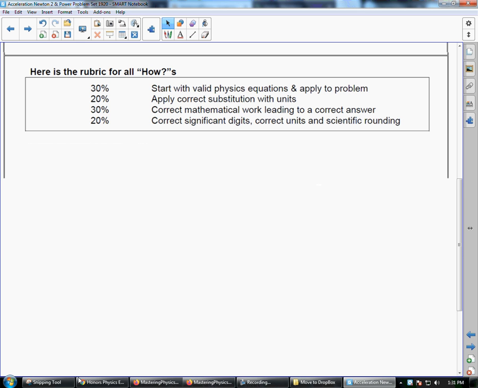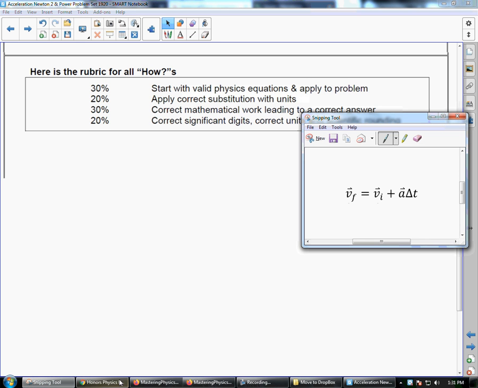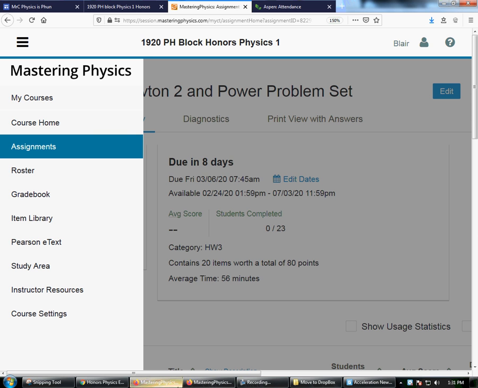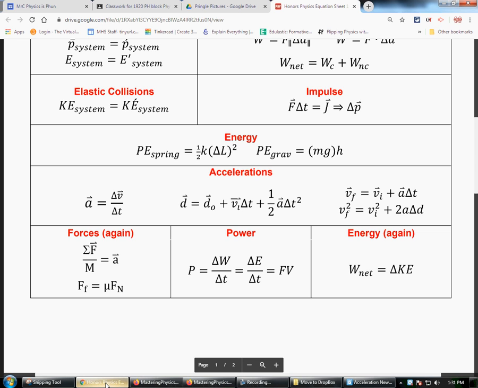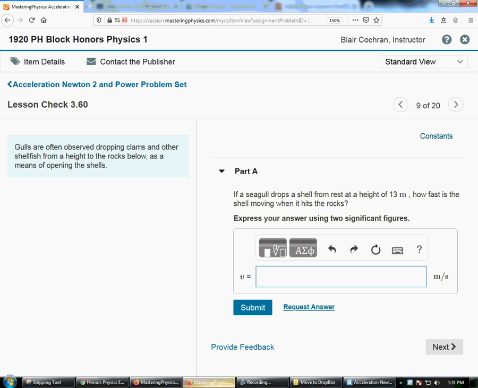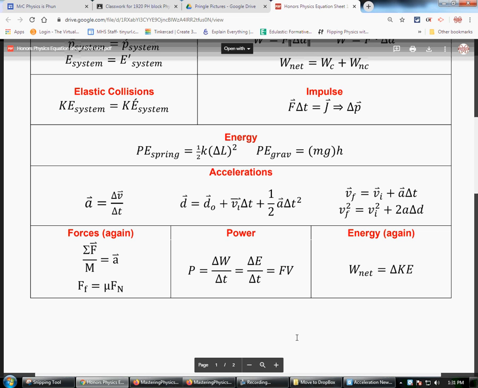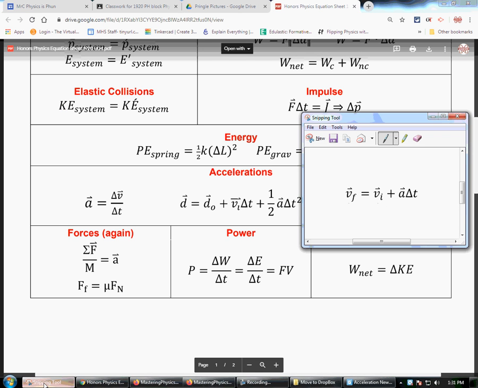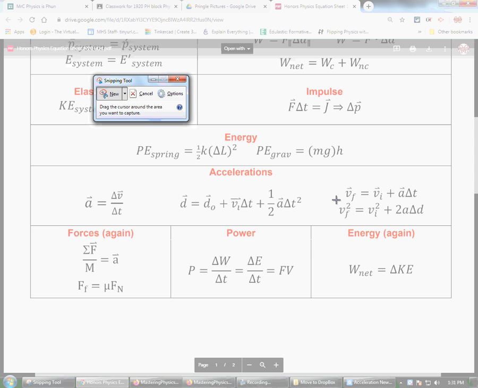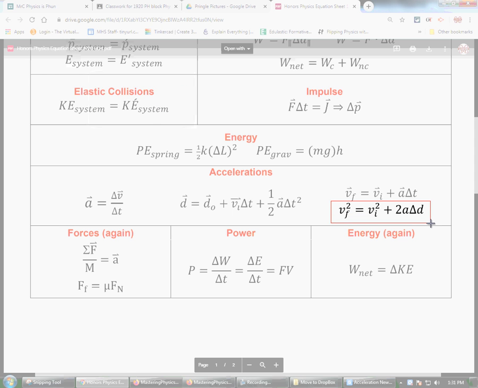So, we want to know how fast it's going after it falls for 13 meters, right? So, I'm going to grab this one.